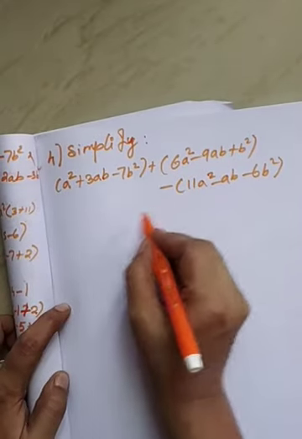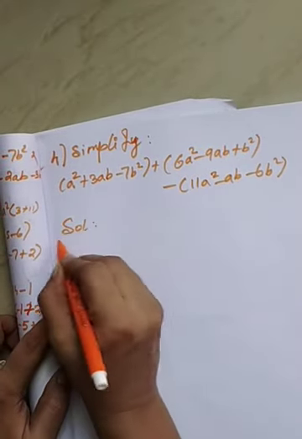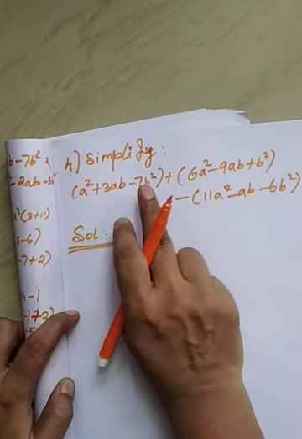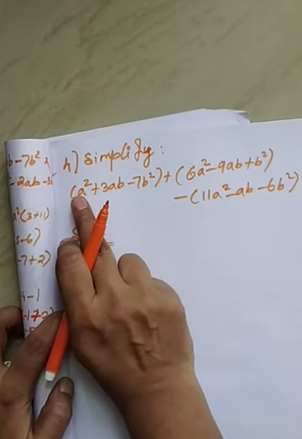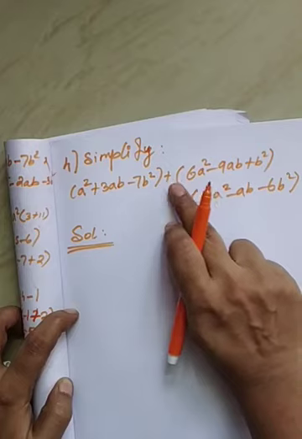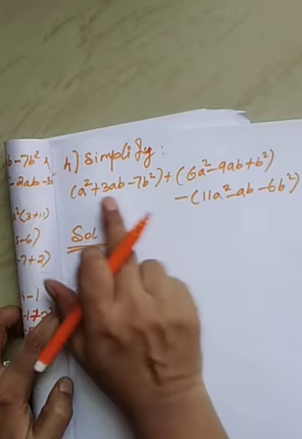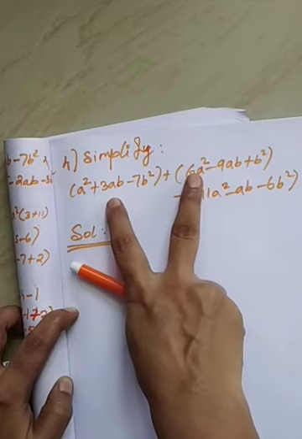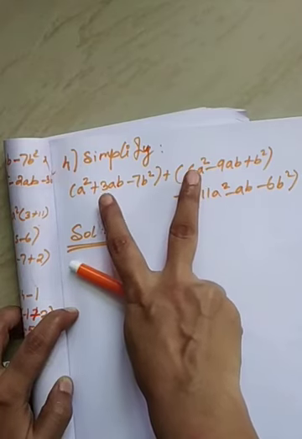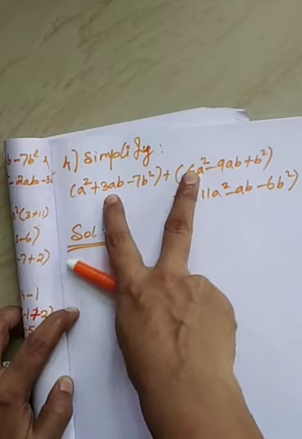Okay. See, the first two terms are positive, right? Then plus the second term, the third term is negative. So first of all, you have to take the first two terms and add them first.